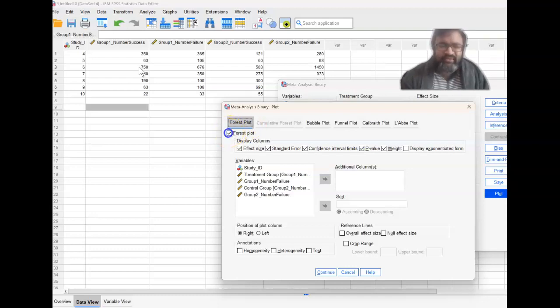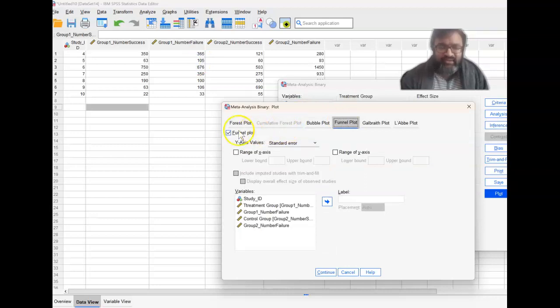So the way to calculate and the way to select and be able to see this forest plot is by selecting the forest plot here, and then the funnel plot is also very important. So the funnel plot is over here, and that can test for some important aspects.